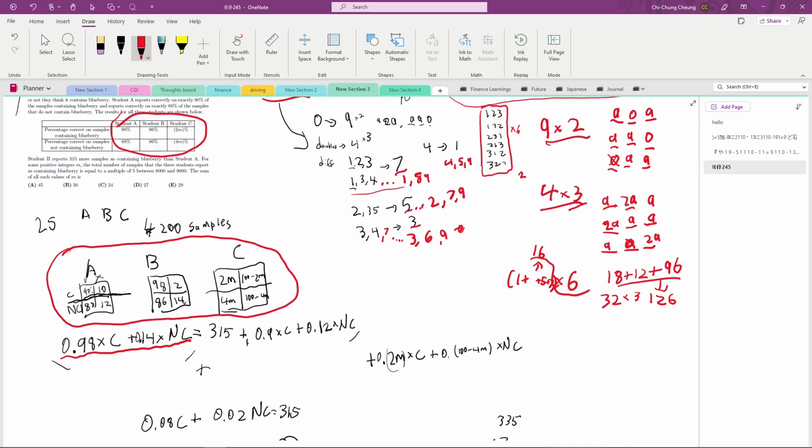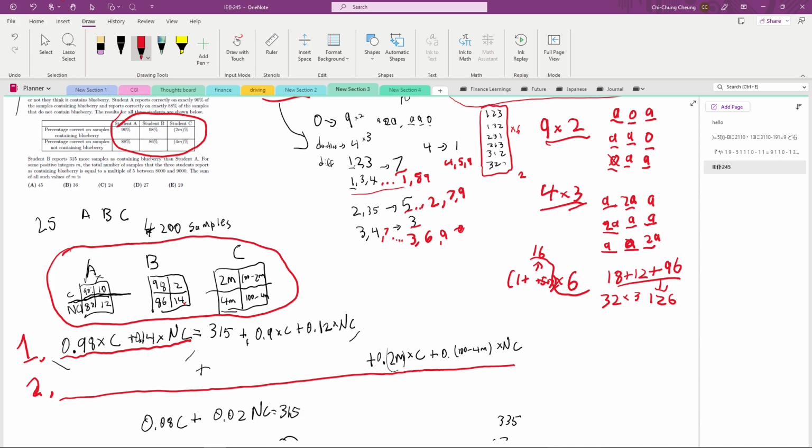Okay, so that's that piece of information. What are we trying to solve? We're trying to solve the sum of the total number of reports that say it has blueberry.